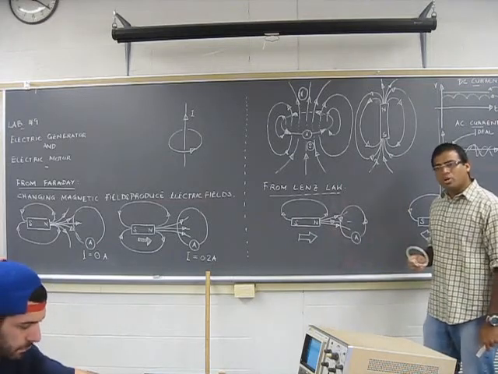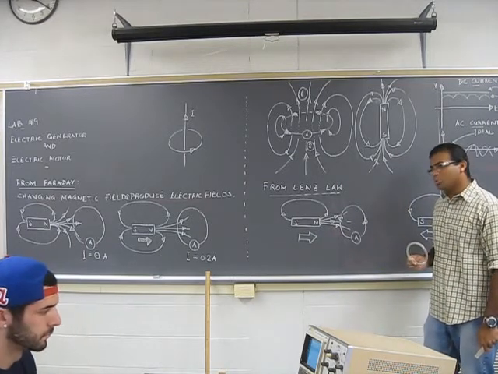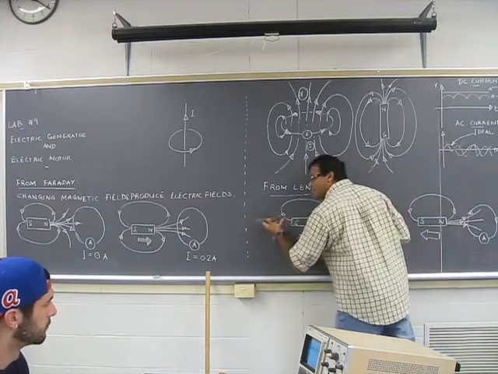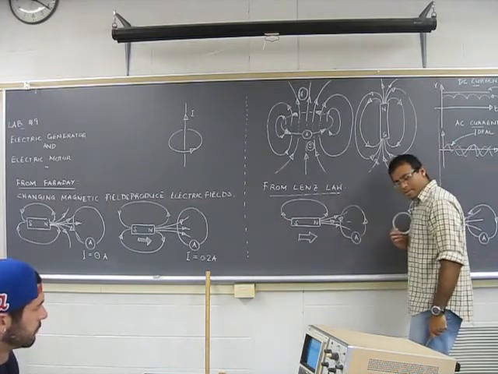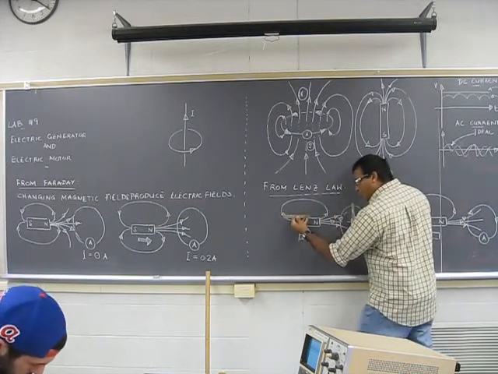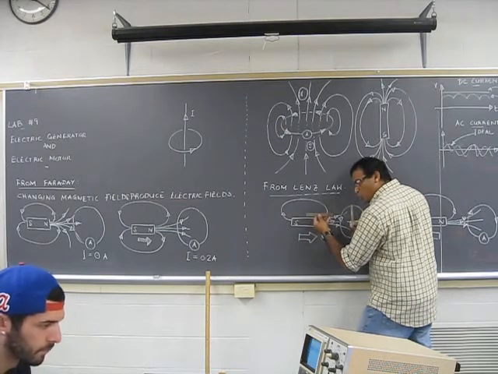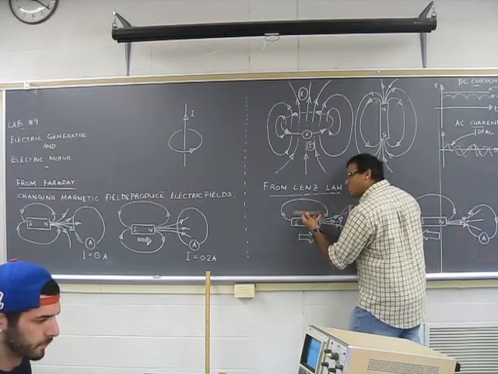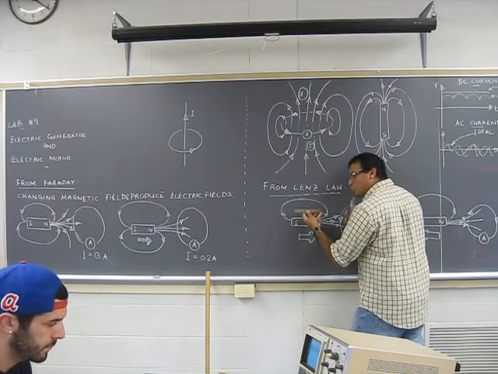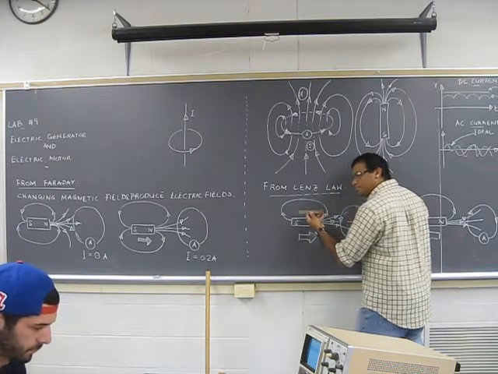This loop doesn't want the magnet to come closer. In other words, this loop will try to push the magnet away. Now if I have a north pole magnet coming towards the loop, how can I push this magnet away? Do I need to have a north pole here or do I need to have a south pole here?